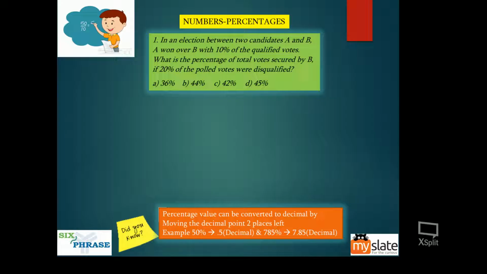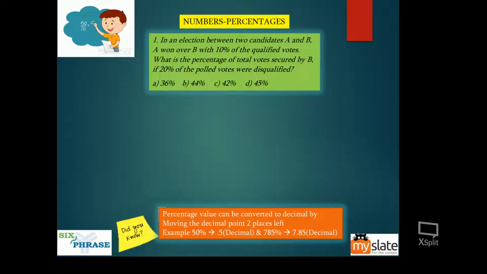This is what they mean when they say qualified votes and disqualified votes. So out of 100, 90 votes are qualified votes. The remaining 10 votes are disqualified votes. So now I can say for sure that the number of votes that you get and the number of votes that I get, if you add them both, you will get 90 votes.